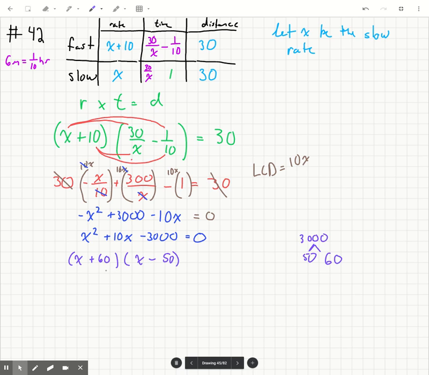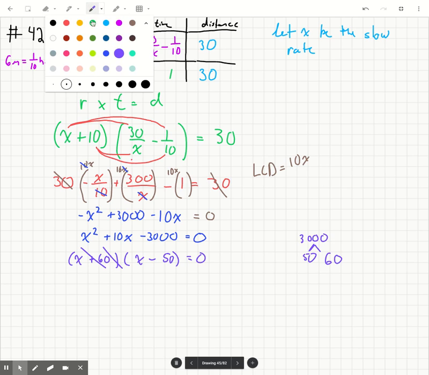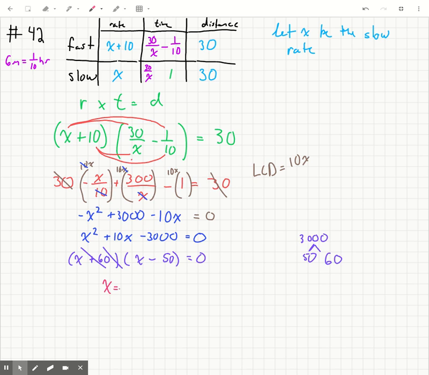We can't have a negative speed, so I'm going to cancel that one out. So X is equal to 50 kilometers per hour. And so the slow speed, what are we trying to find out?